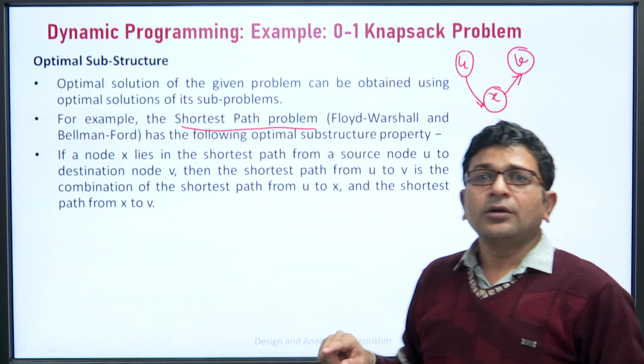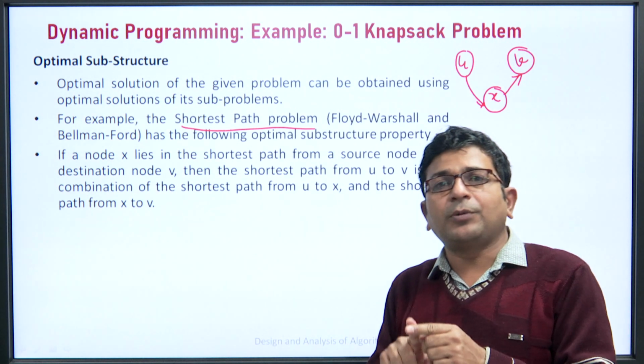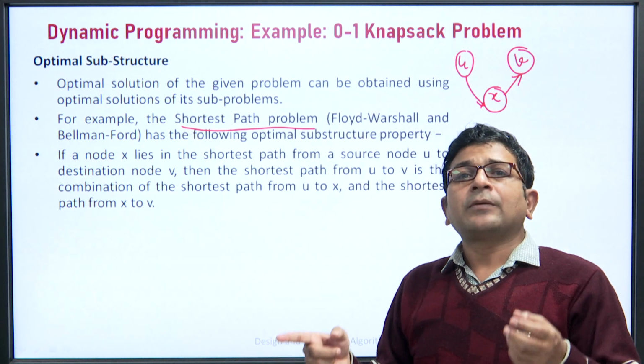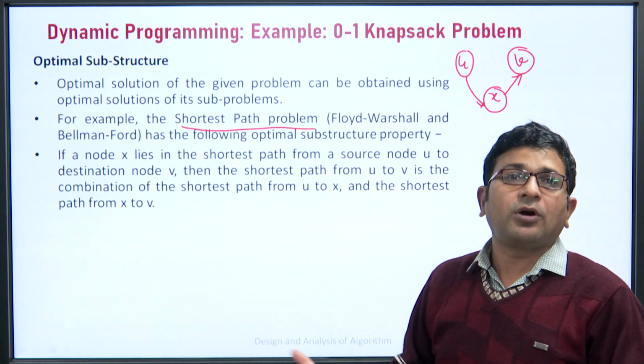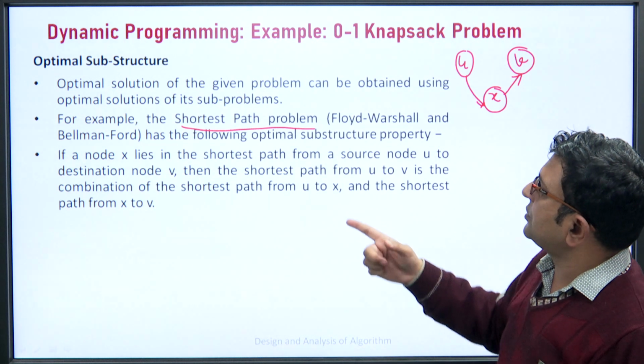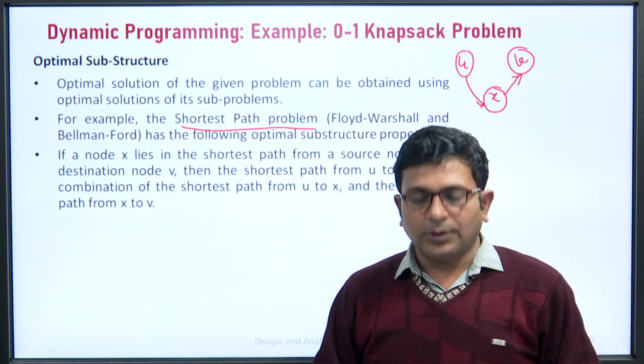So, basically we are dividing a problem into sub problems, and the optimal solution of any problem depends on the optimal solution of its sub problems. So, this is the second property of dynamic programming.